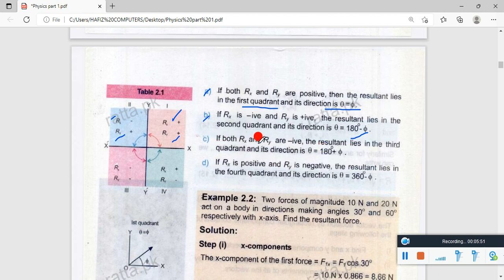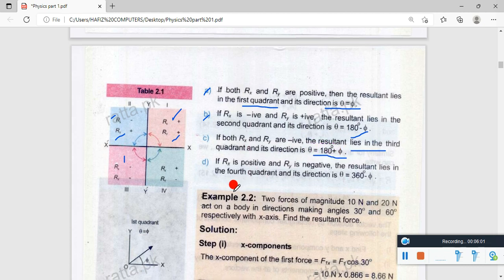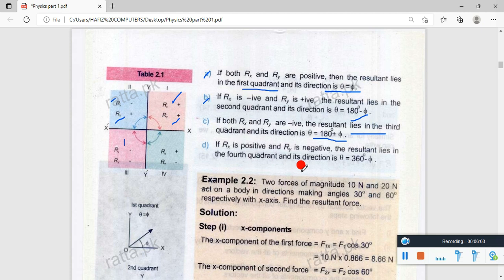If both Rx and Ry are negative, the resultant lies in the third quadrant, and the direction is given by 180 degrees plus phi. If Rx is positive and Ry is negative, the resultant lies in the fourth quadrant and its direction is given by theta equal to 360 minus phi.